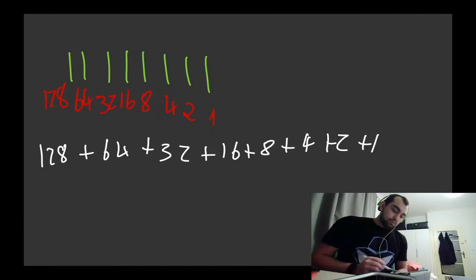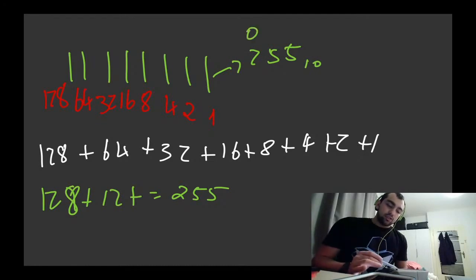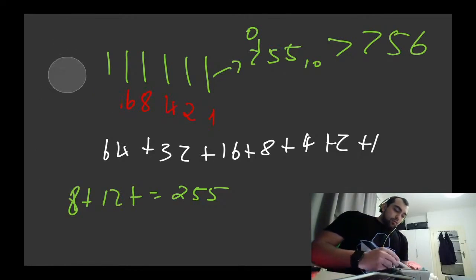So 2 plus 1 equals 3, 7, 15, 31, 63, 127, and 128 plus 127 is 255. So this is 255 in decimal, and it starts at 0, so it's 0 through 255, which is 256 values. So a byte has 256 possible values.